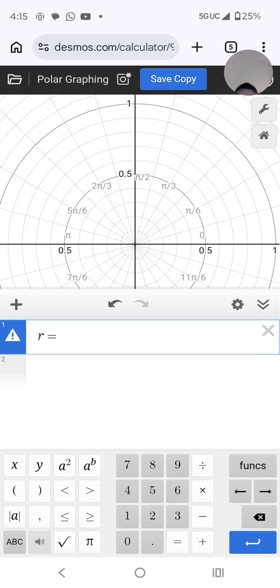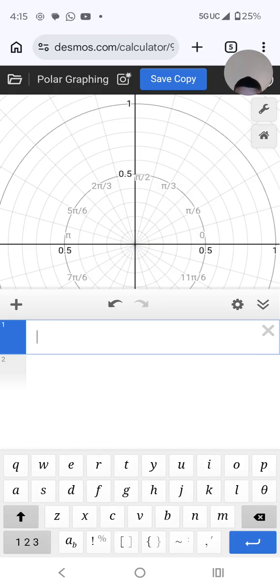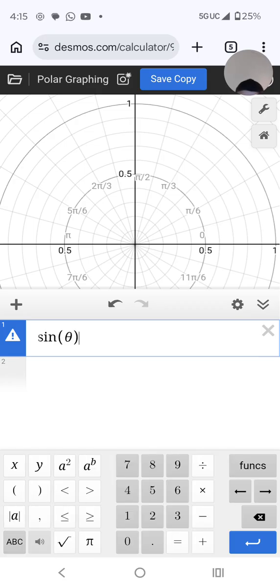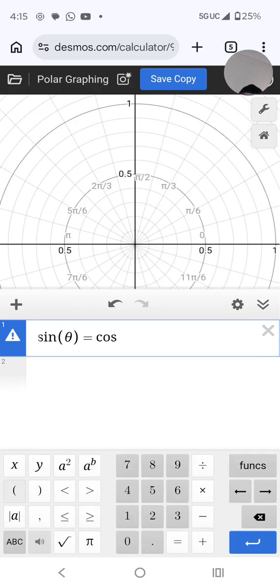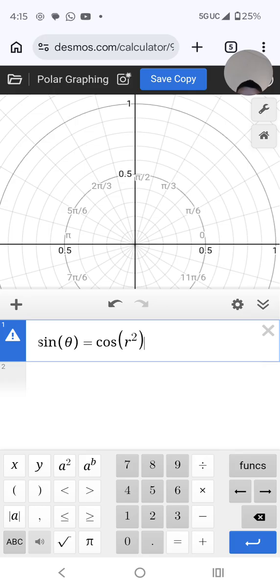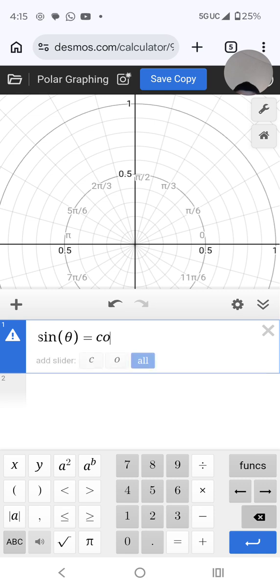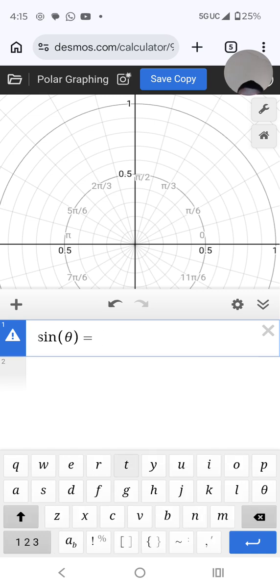r equals. Now we're gonna do sine theta equals cos r squared. No? Okay. Cos r equals r.